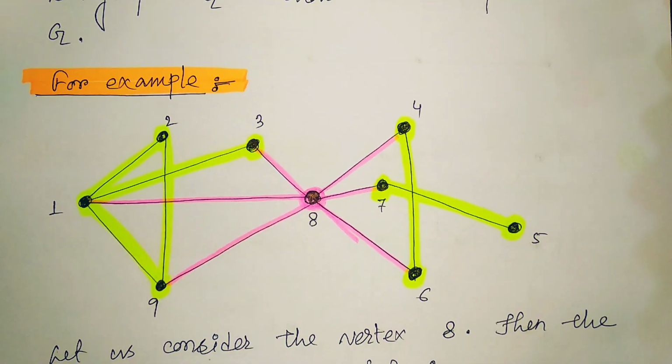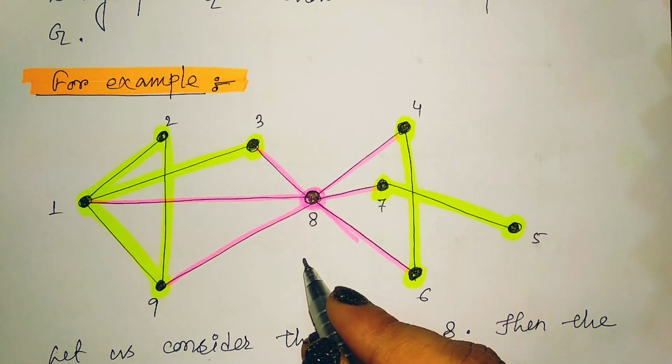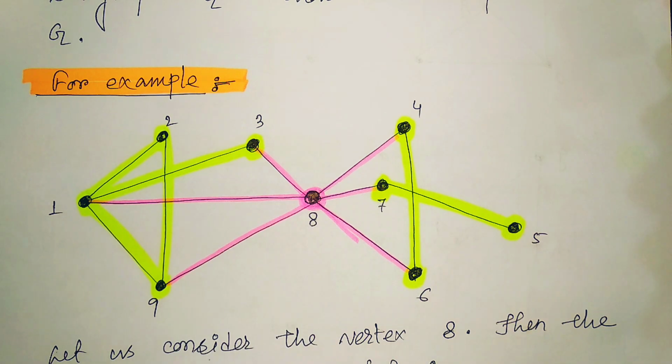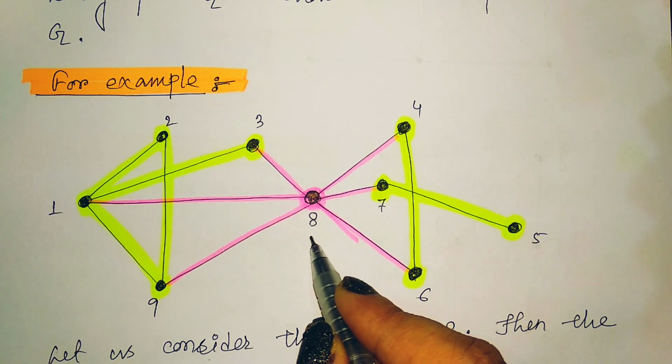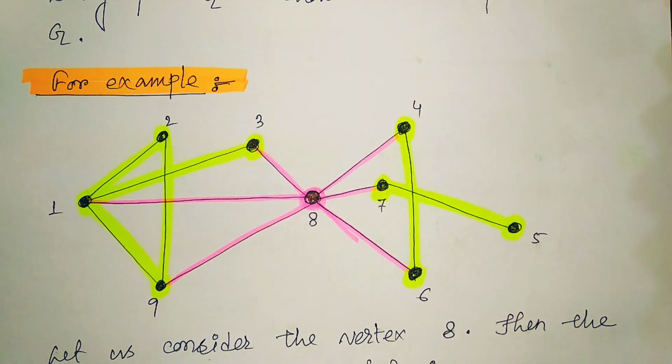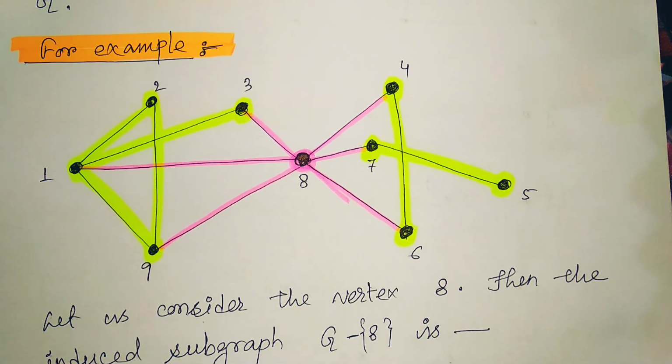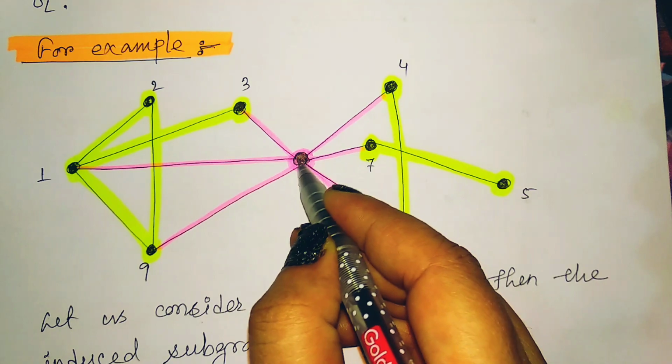In this example, we will have this graph. In this graph, initially, we identify the vertices by removal of which we may find more components than the given graph. If we choose the vertex number 8, then initially we consider this one vertex.